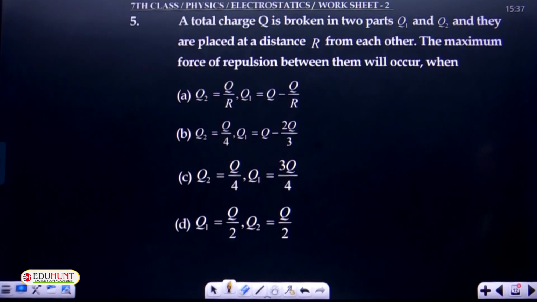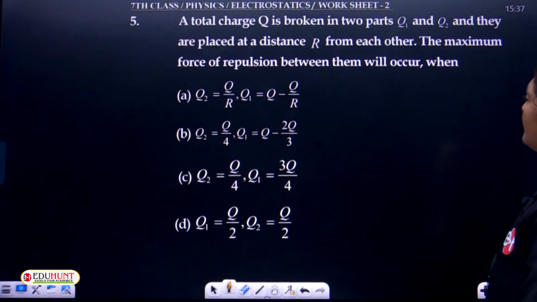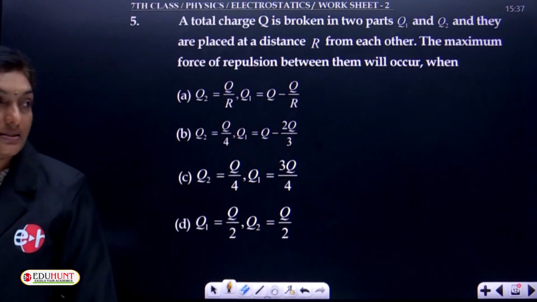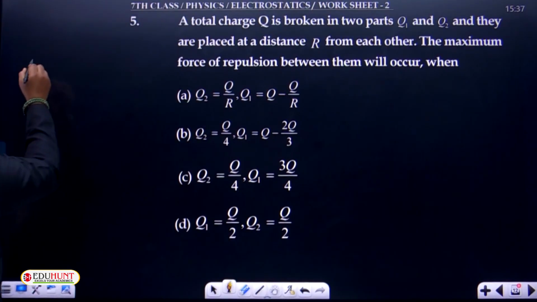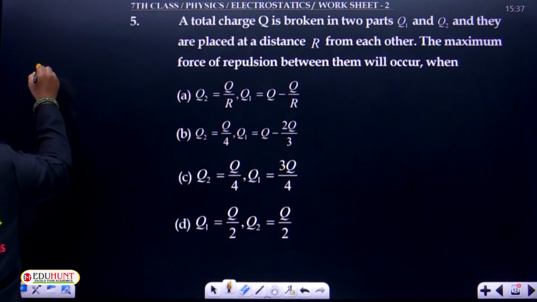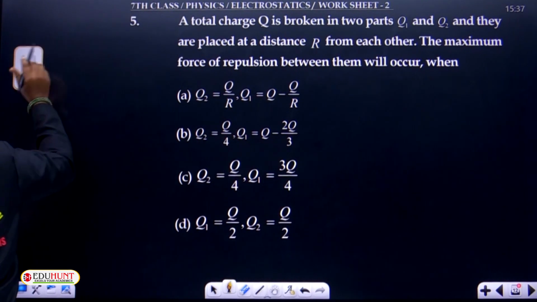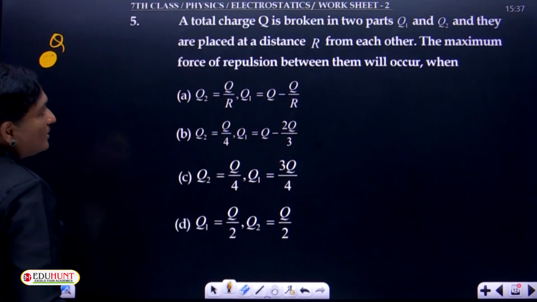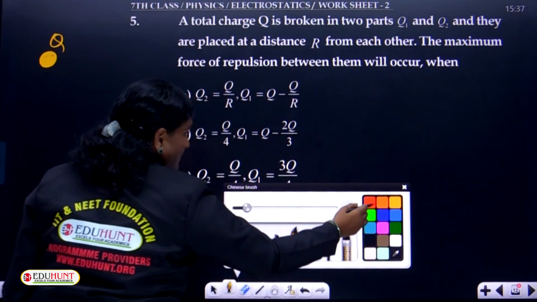Fifth one, important, children. A total charge Q is broken into two parts, one is Q1, the other is Q2, and they are placed at a distance R from each other. Let us try to visualize this. They have given you a total charge Q, and this Q is broken into two parts, as they said.